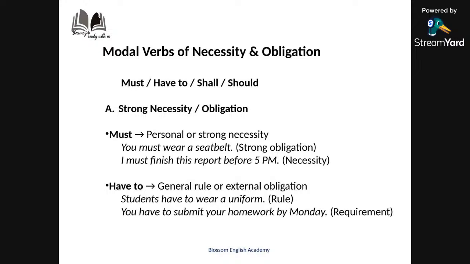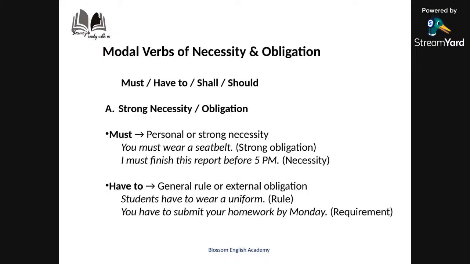Students are supposed to wear a uniform, and maybe you have your birthday, so in that scenario, you can wear your formals or something that is not your uniform. You have to submit your homework by Monday. Again, it's a requirement, and the repercussions are quite lower compared to other rules which you write using must.